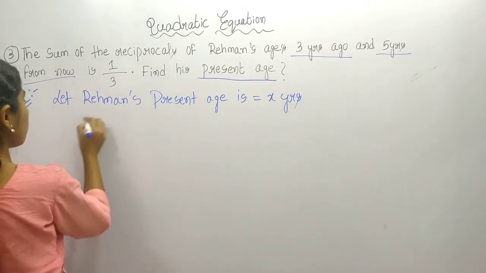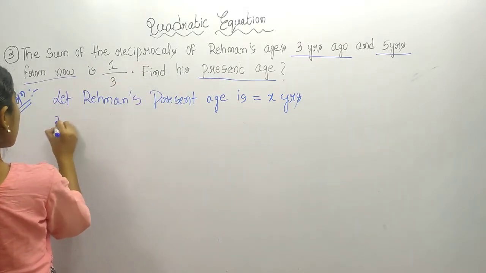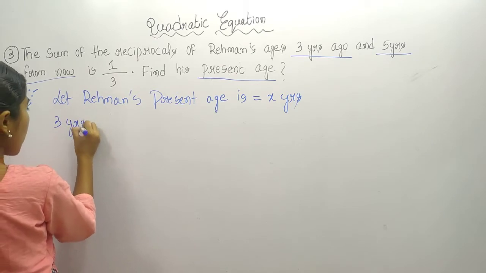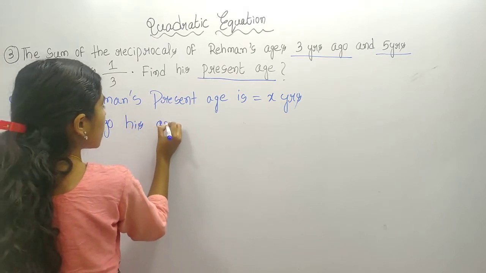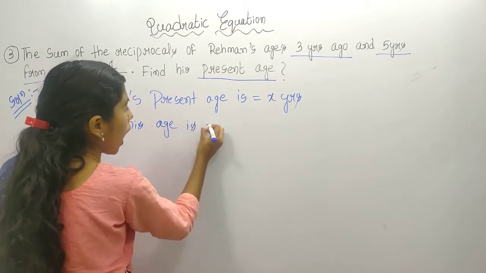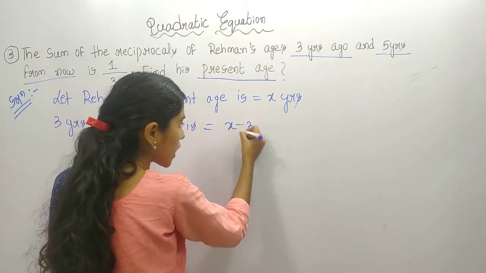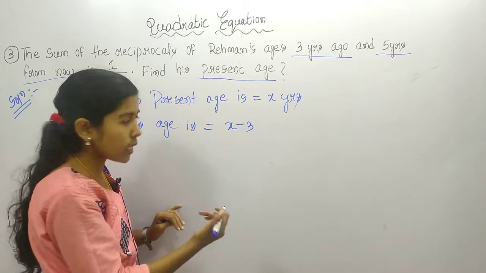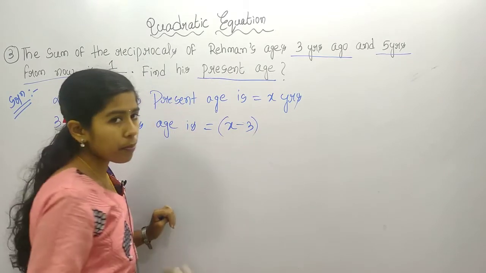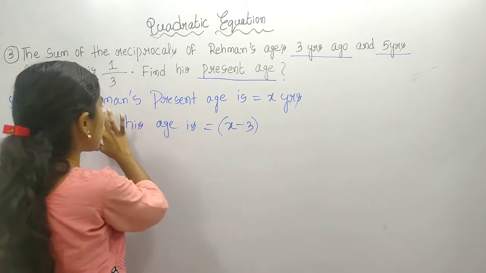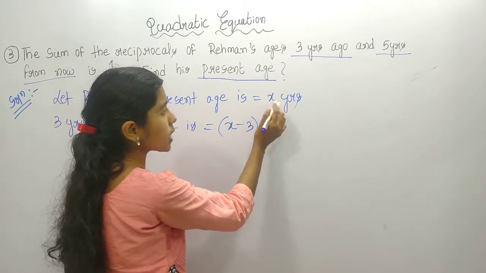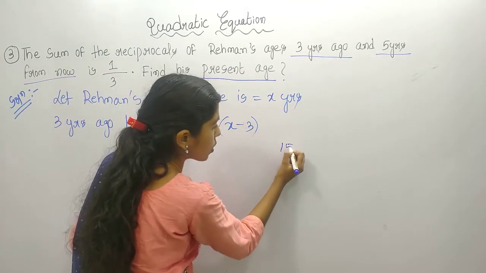So, you write here, 3 years ago his age is equal to how much? x minus 3. Before now, so x minus 3, right? Once I will say why it is minus. You think now he is 15 years old.